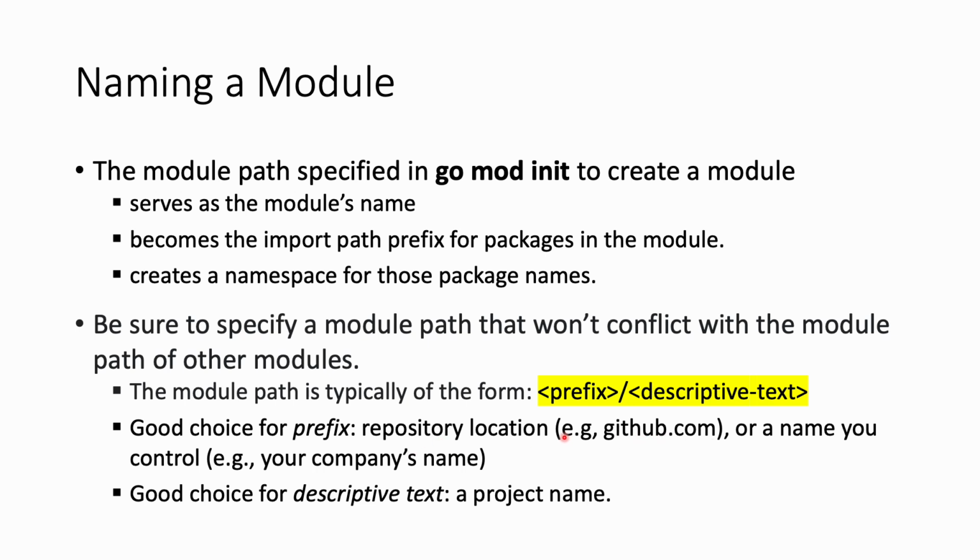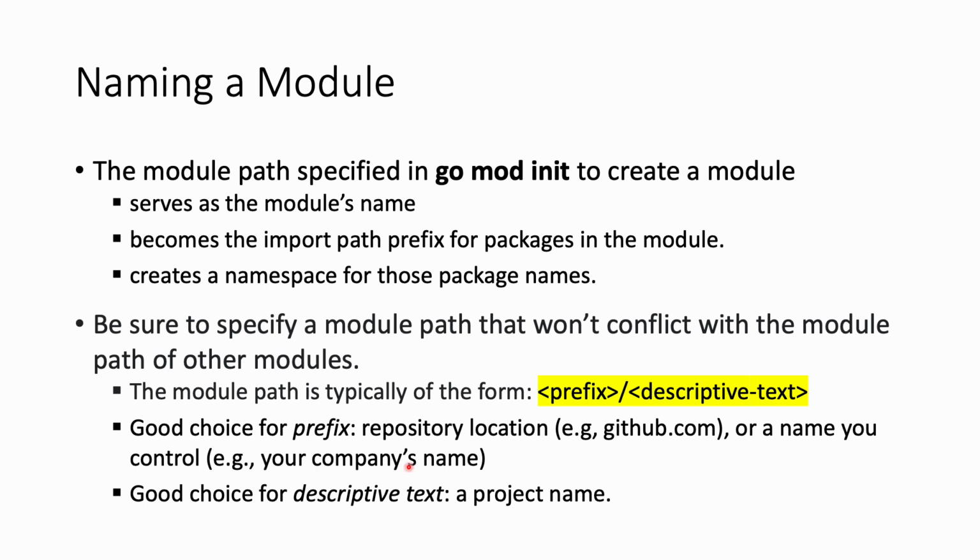This is actually required if you are publishing the module. If you are not using a repository name, be sure to choose a prefix that you are confident won't be used by others. Another good choice is a name you control, such as your company's name.